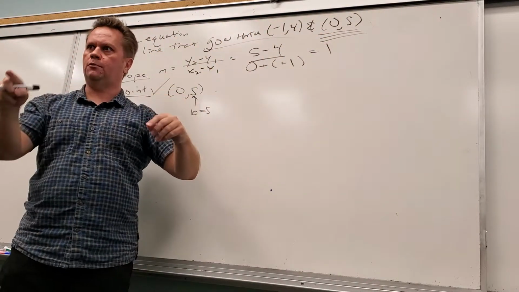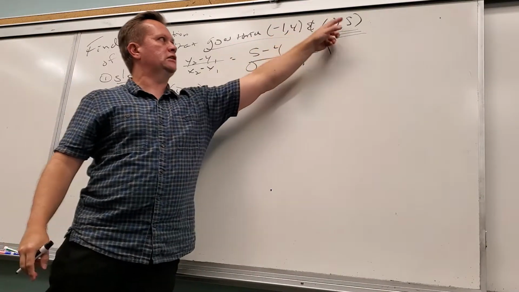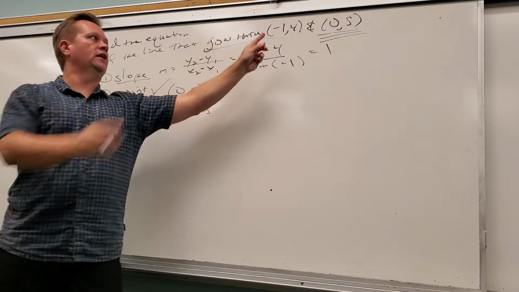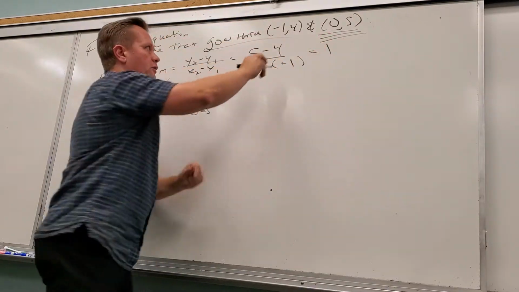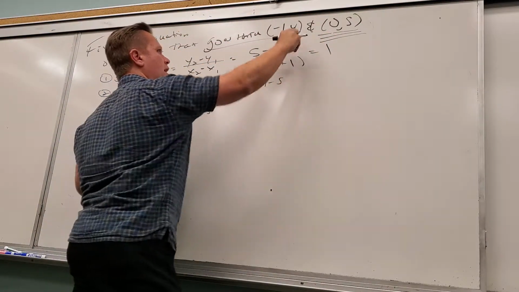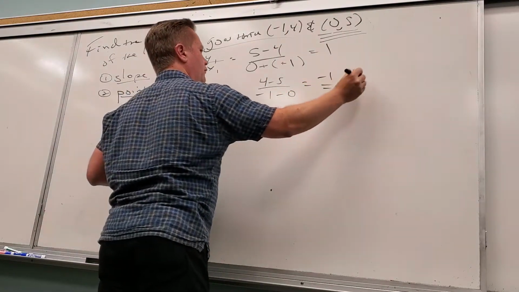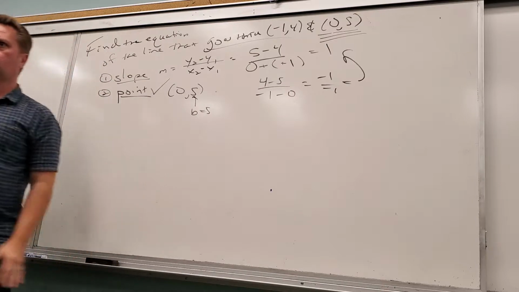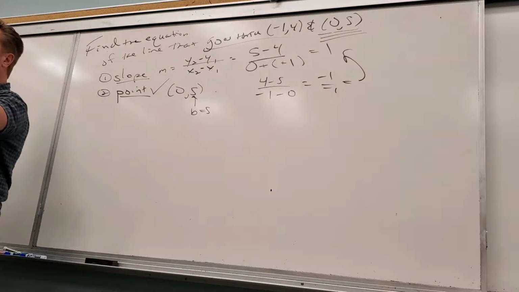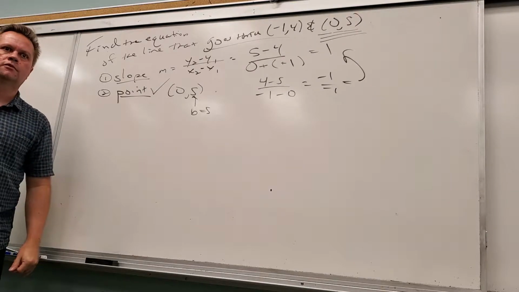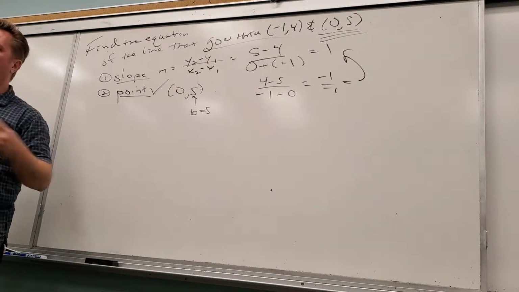I must go the same way. If I do 4 minus 5, calling the other one 1 and the other one 2, then I have to do negative 1 minus 0, and I get negative 1 under negative 1, which is still 1. If I turn them around, both the signs change, and that cancels. So that's why it doesn't matter which one you call 1 and which one you call 2.